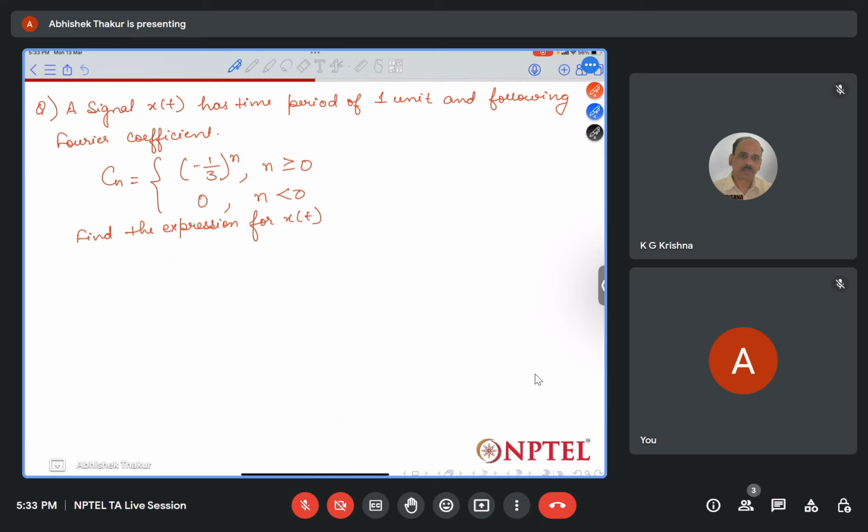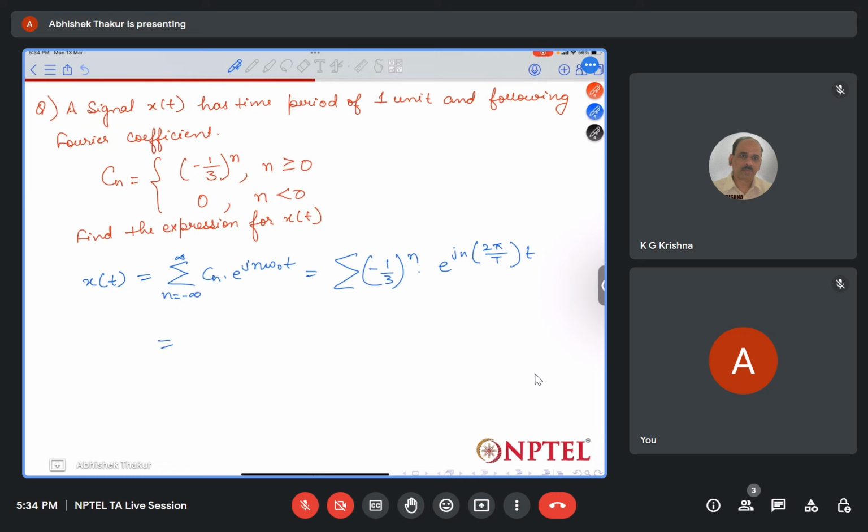So we know that using the Fourier series, x(t) is represented as summation over n equal to minus infinity to plus infinity of C_n e to the power of j n omega naught t. Here C_n is given as minus 1 by 3 to the power of n, and we can write omega naught as 2 pi by T, into t.